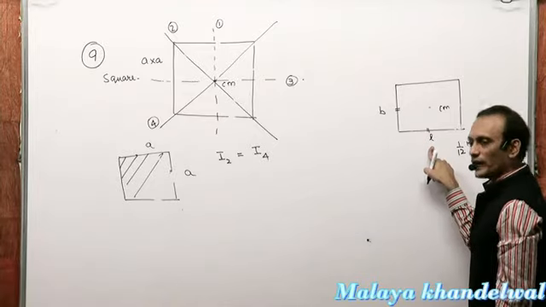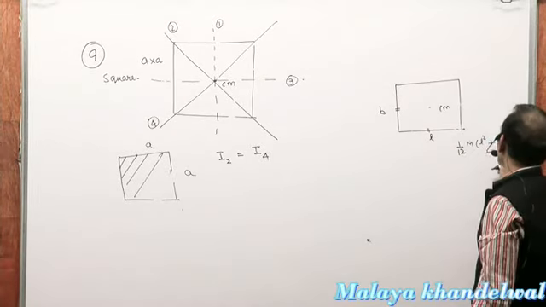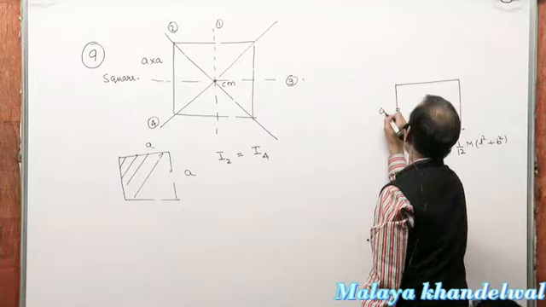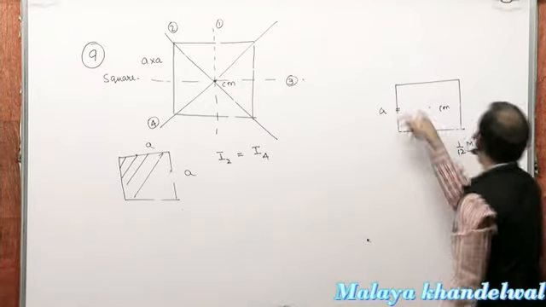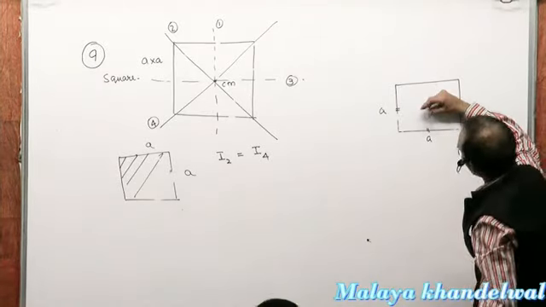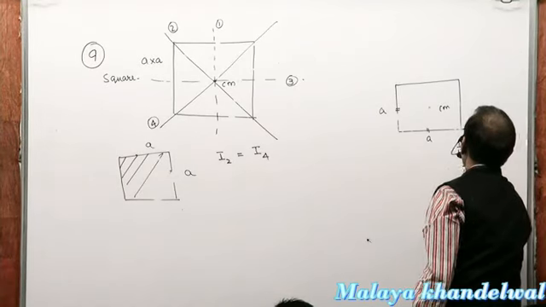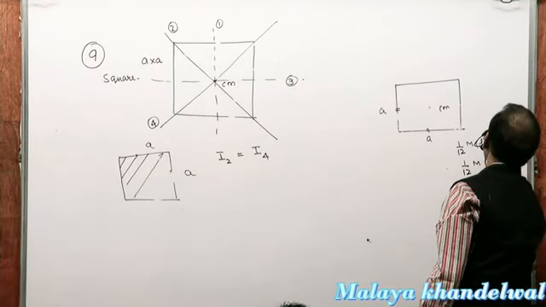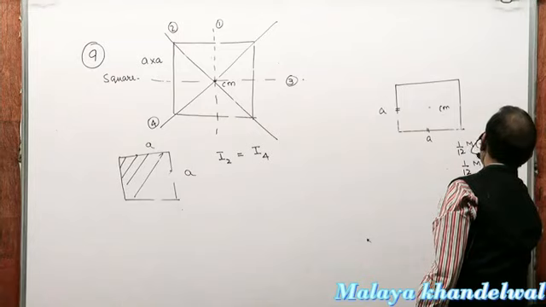Now if this was a square A by A, then B equals L equals A. The moment of inertia about this axis is going to be 1/12 m (A squared plus A squared), which is mA squared by 6.